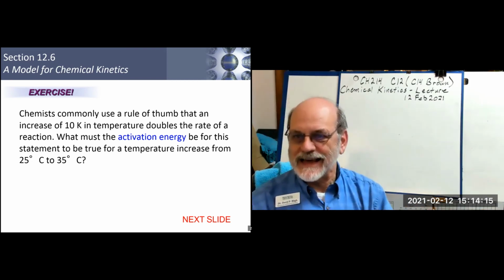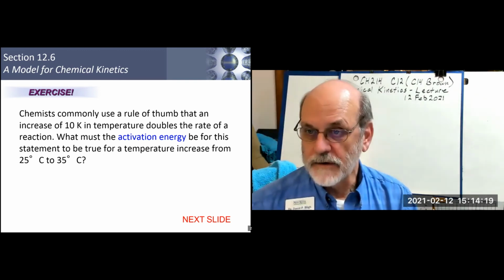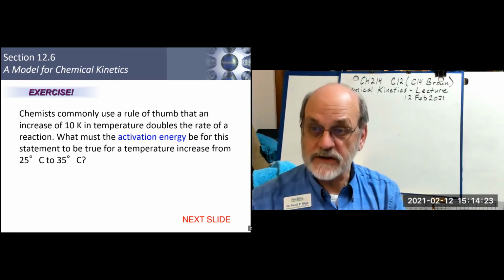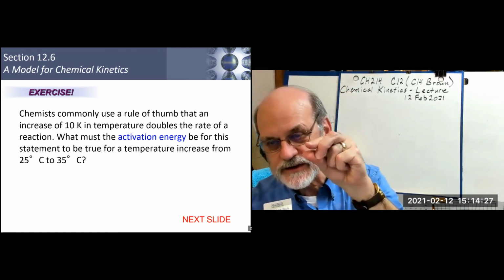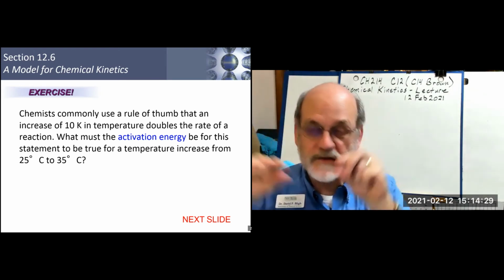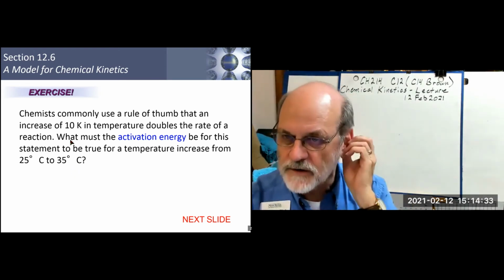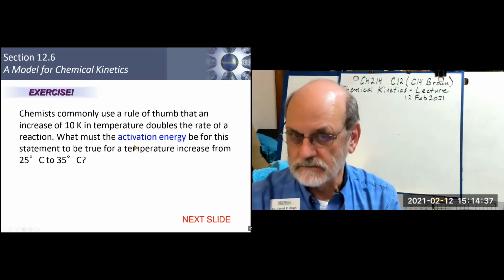This says 10K, right? It means the same. If you change the temperature 10 Celsius, you've changed it 10K, because the size of the degree in Celsius is exactly the same as the size of the degree in Kelvin. So an increase of 10 degrees doubles the rate of a reaction.